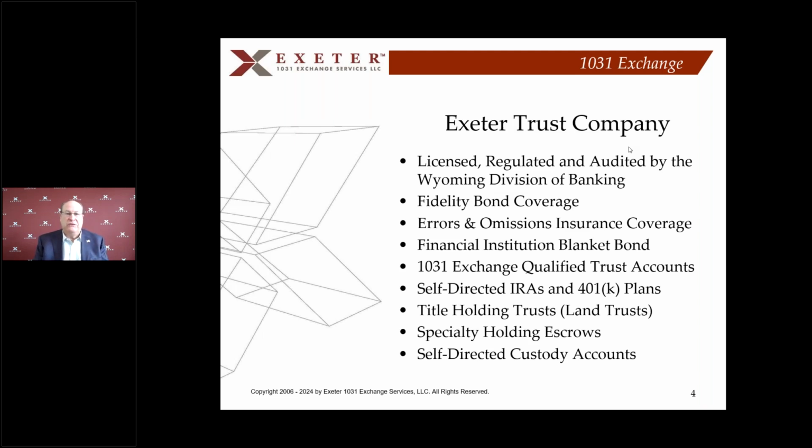And that also gives us the ability to roll out other products. So Exeter Trust Company was really licensed, and we formed it specifically to hold 1031 exchange funds, so we would be regulated, which is a better protection for clients. But it also gives us the ability to roll out other products and diversify our product offerings.